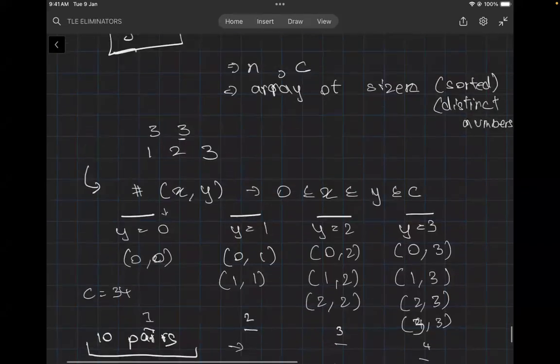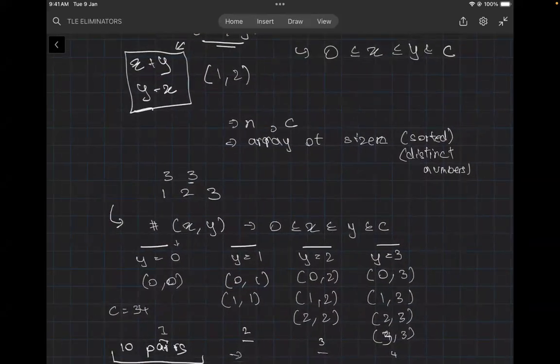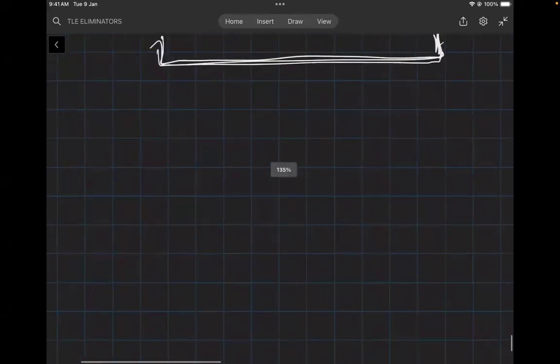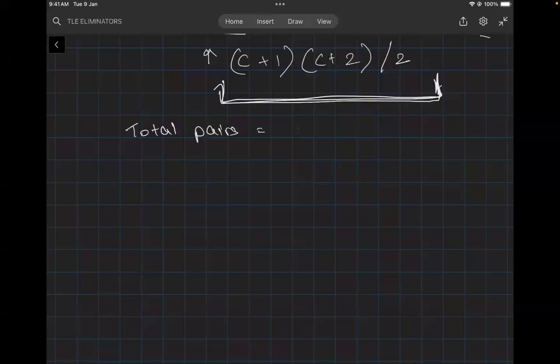Now, let's try to count how many pairs satisfy this constraint and how many pairs satisfy this constraint. What I am saying is that I know the total number of pairs. Total pairs is equal to (C plus 1) into (C plus 2) divided by 2. Now what will I count?